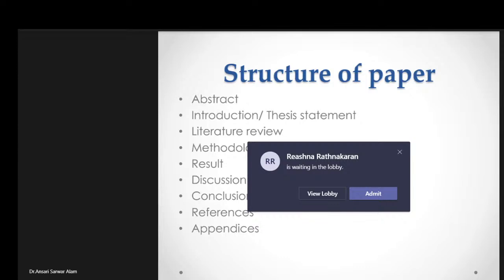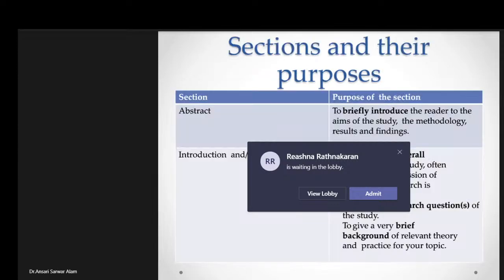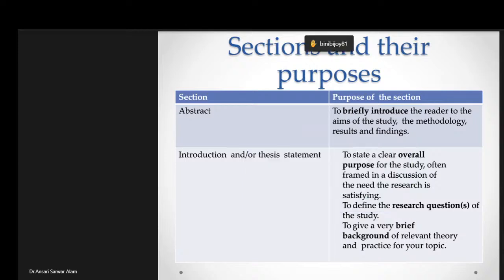Yes, my dear participants. First of all, abstract. The first thing which comes under the structure of paper is abstract. The purpose of this section is to briefly introduce the reader to the aim of the study, the methodology, results, and findings.